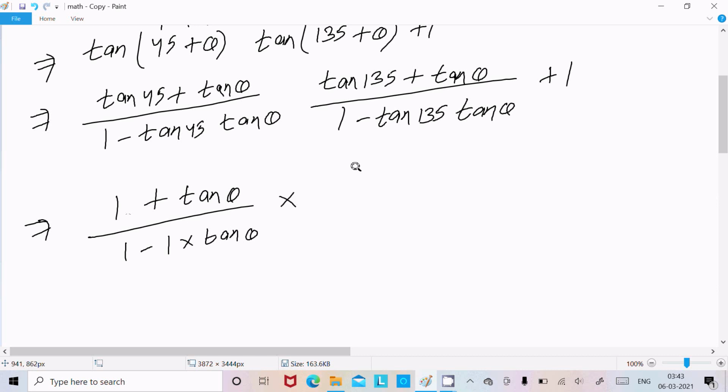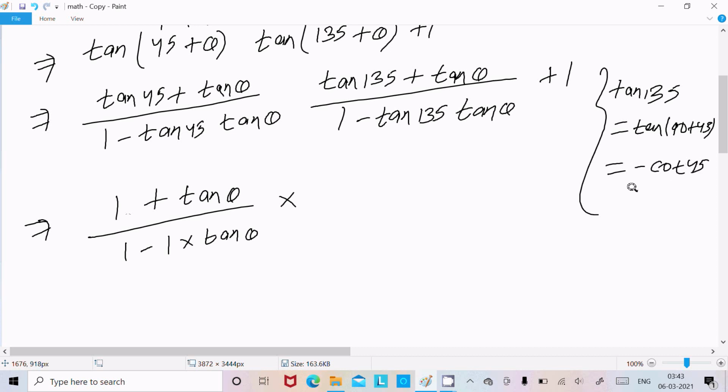And hereafter tan 135. So 135 we can write as 90 plus 45. So tan(90 + 45) becomes minus cot 45.